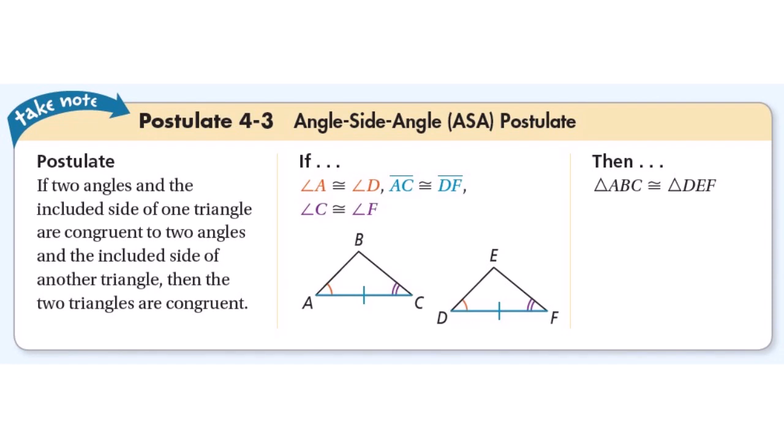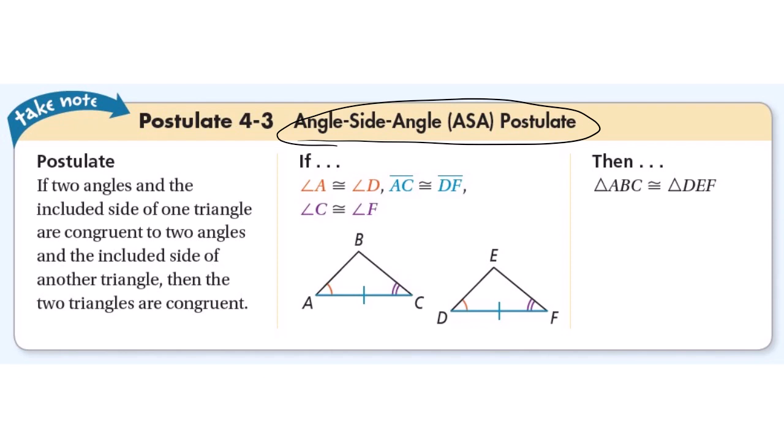So here's postulate 4-3, the angle side angle postulate. It says if two angles and the included side of one triangle are congruent to two angles and the included side of another triangle, then the two triangles must be congruent.